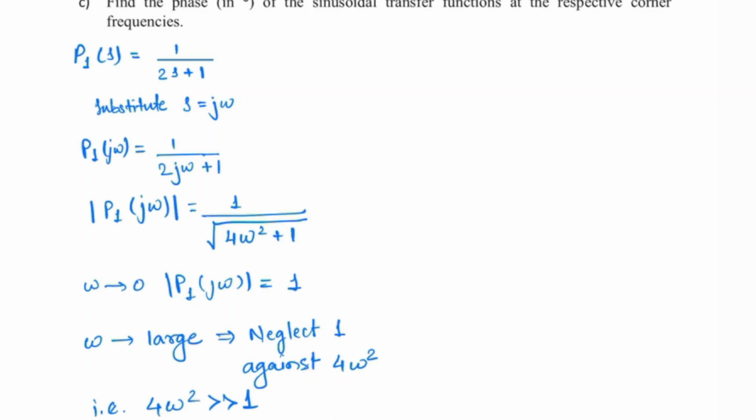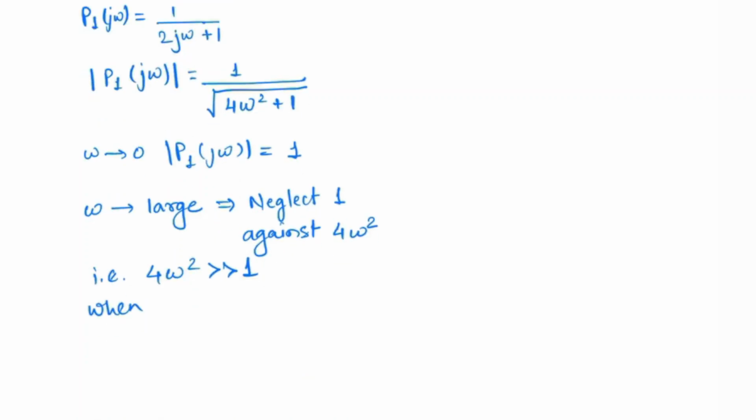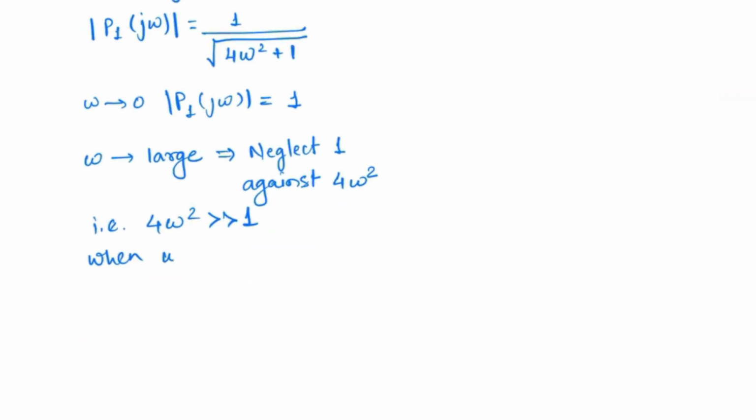So when omega is large, we can write the magnitude as 1 by square root of 4 omega square, that is 1 by 2 omega.